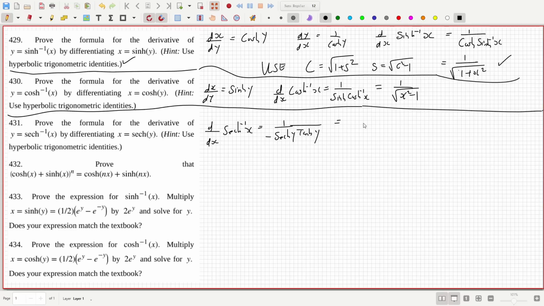So that would be 1 over minus sech inverse x, and then it's tanh sech inverse x. So we need a formula for that.